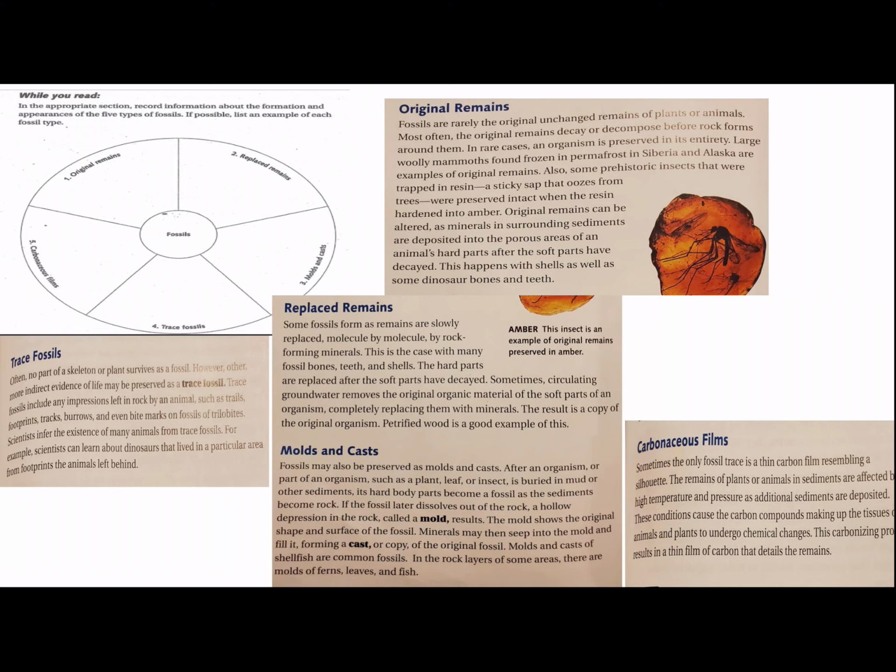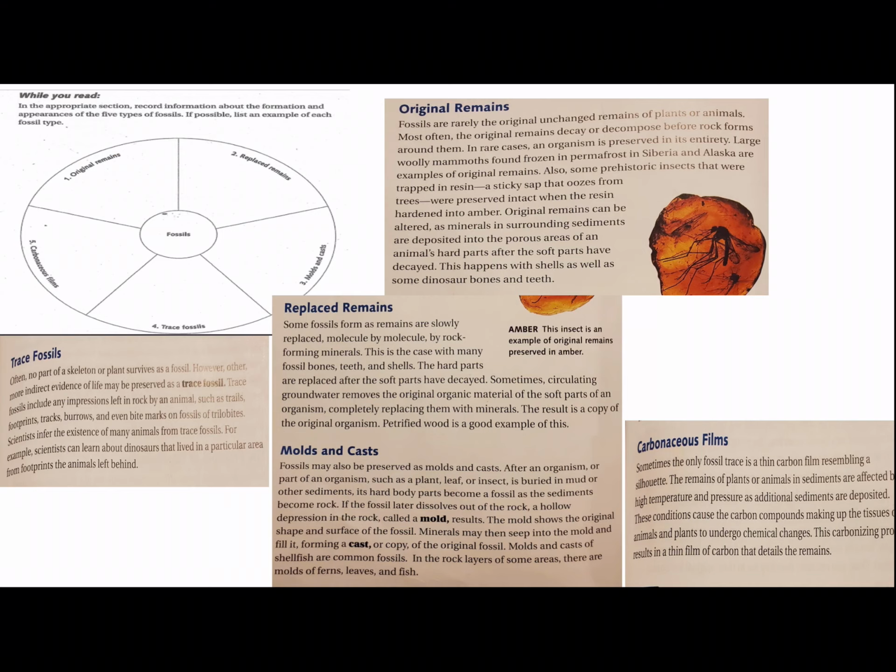Number 5, carbonaceous films. Sometimes the only fossil traces a thin carbon film resembling a silhouette. So maybe it's just the outside, the outline of it. So on this one you could put silhouette. The remains of plants or animals in sediment are affected by high temperatures and pressure. So you put high temperatures and pressure.